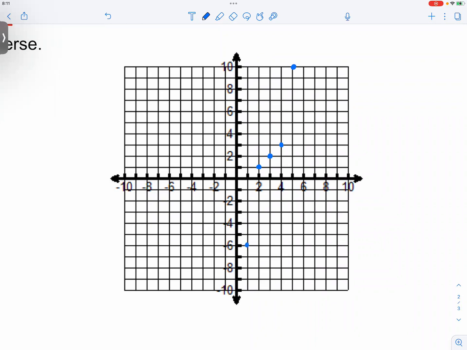So that would be 1 comma negative 6. So if that's the case, you will go ahead and do this. I would expect that no one should feel challenged by this graph.